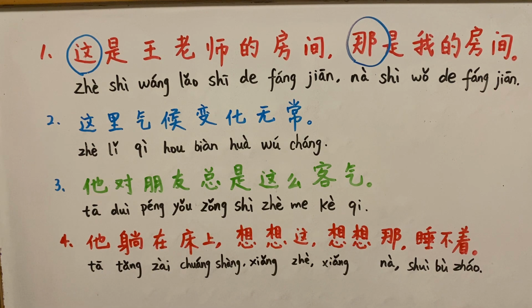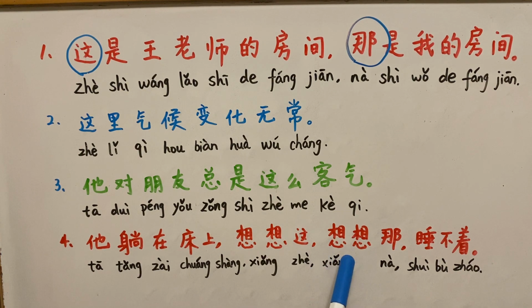So you can say he's in bed, right? That is the main verb of the sentence. And thinking about this and thinking about that is a clause of the main sentence.